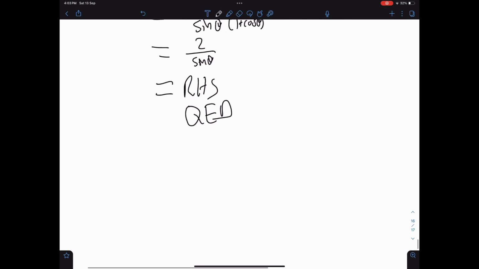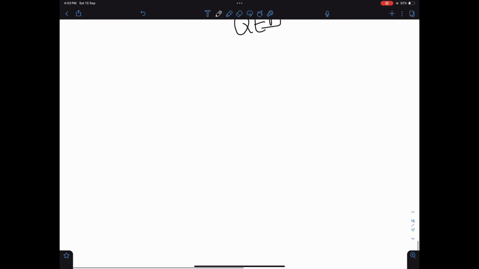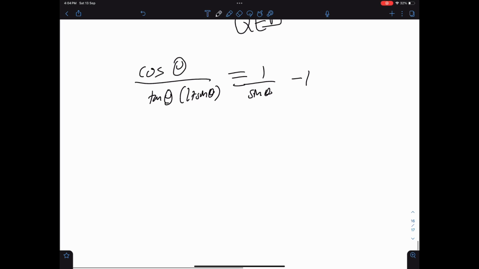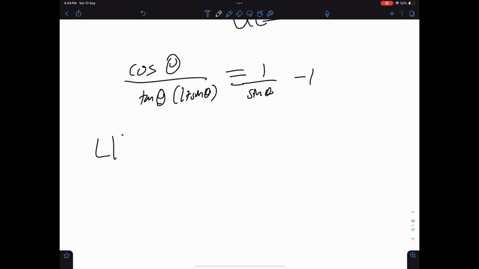And I'll just do one that uses tan. So the left hand side equals cosine theta over tan theta, 1 plus sine theta.